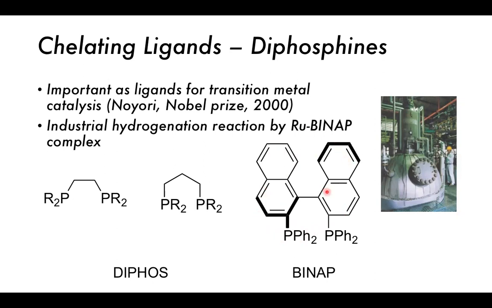This is because the two naphthalene rings are sterically hindered from each other, since they're bound together only by this carbon-carbon bond. The sterics mean that it cannot be planar. And so this is BINAP, because it is a binaphthyl ligand.